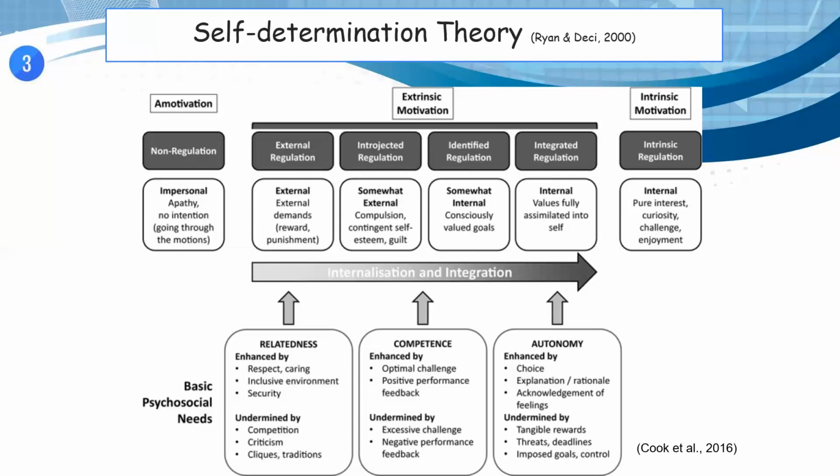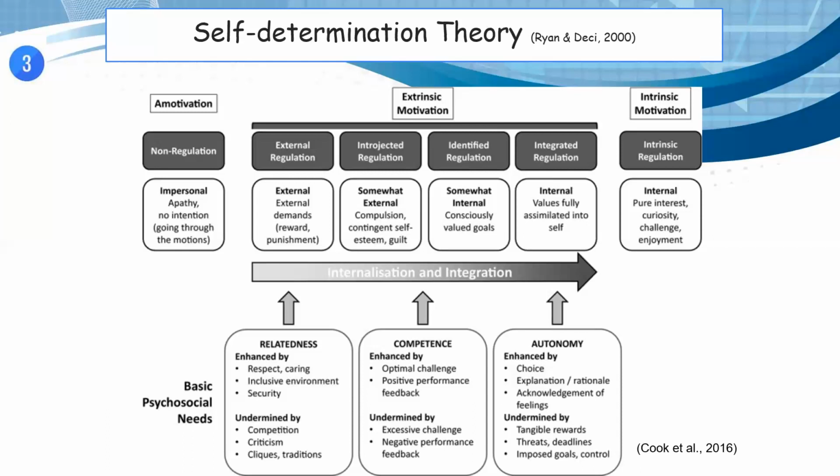Next, we have introjected regulation. With introjected regulation, the regulation of the individual's behavior is still somewhat external, but here we have ego engagement.